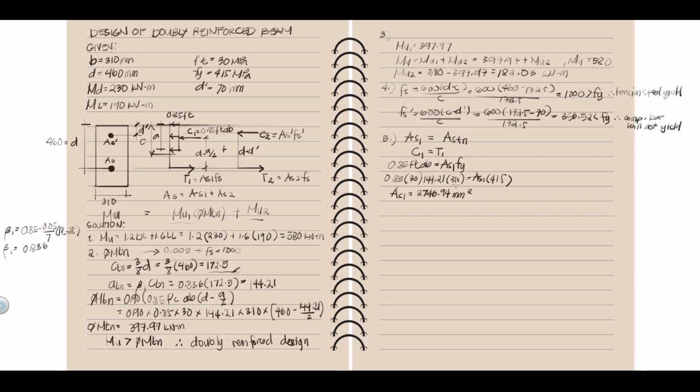So 0.85 times 30 times 144.21 times 310 is equal to AS1 Fy, that is equal to 415 Fy. So we will have AS1 of 2746.94. Okay? So let me double check. We will have the same answer here.